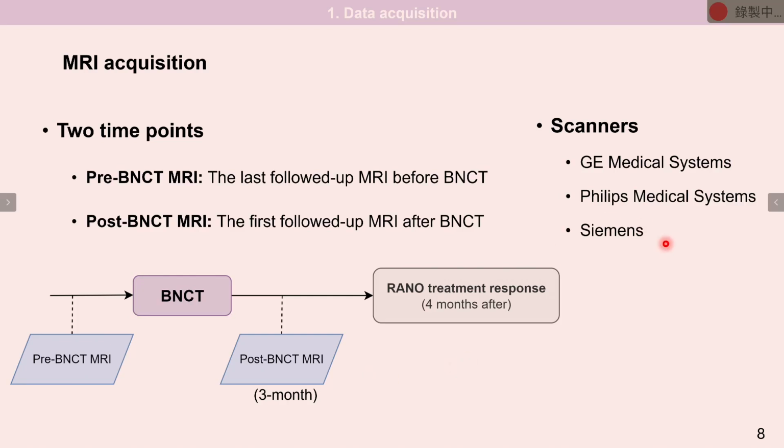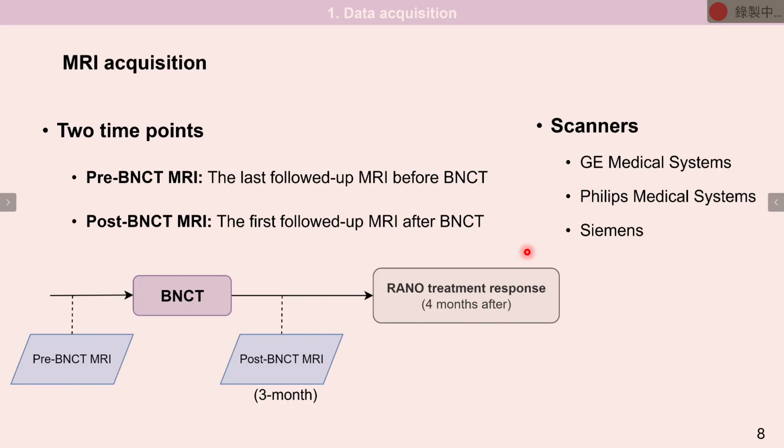Because this is a retrospective study, the MRI scanners are different, including GE, Philips, and Siemens. This scanner difference could cause variation of MRI image intensity, so we need image quality standardization.